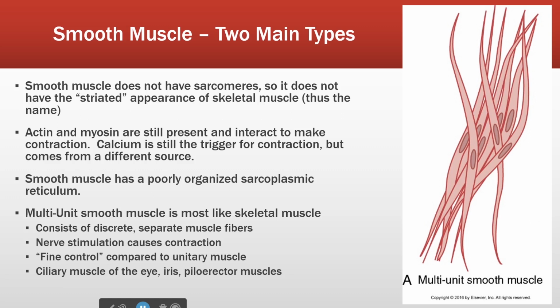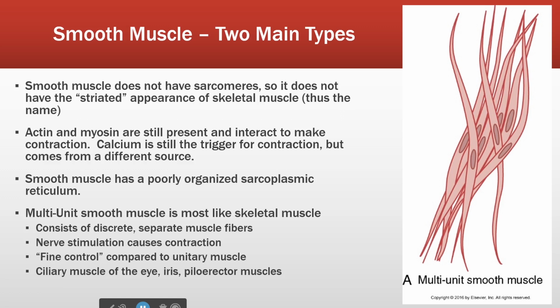So instead of actin and myosin being arranged in very careful parallel bundles, in smooth muscle, actin and myosin are arranged in a more three-dimensional way, where they're going in all different directions. So smooth muscle contracts not linearly like skeletal muscle does, but like a sheet, like an elastic sheet gets smaller.